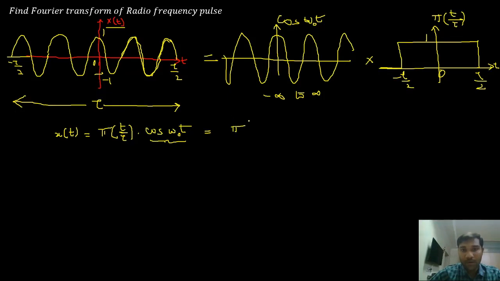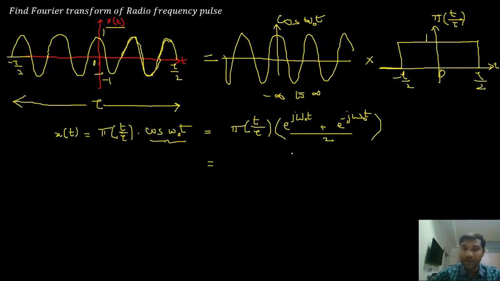So pi of t by tau into e power j omega naught t plus e power minus j omega naught t divided by 2, right?